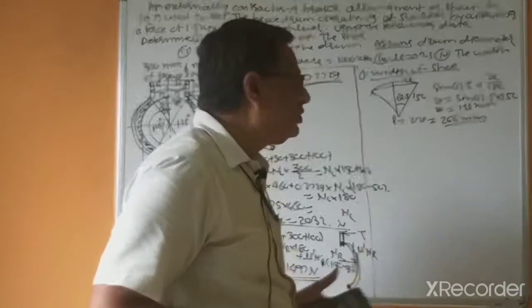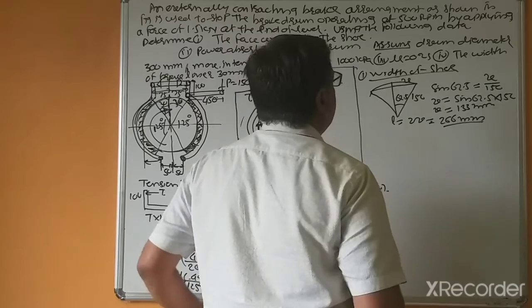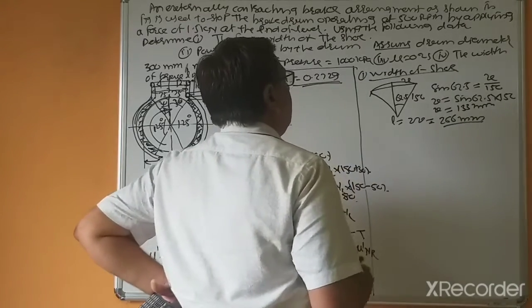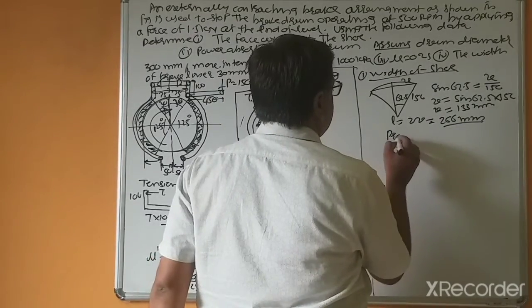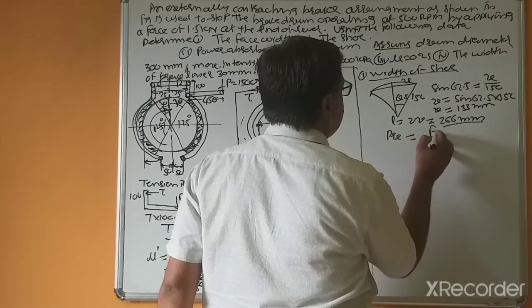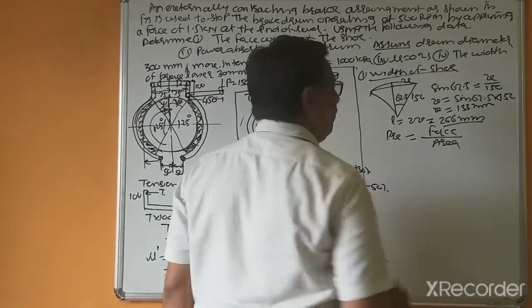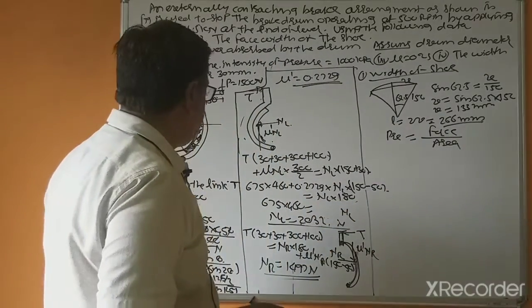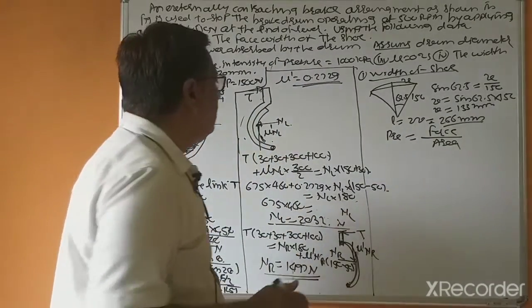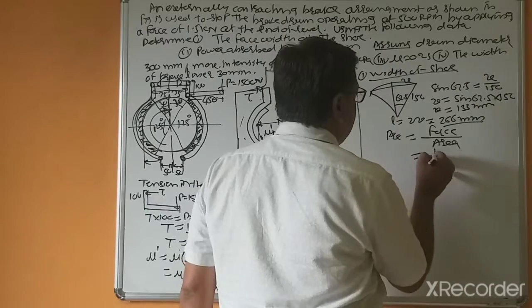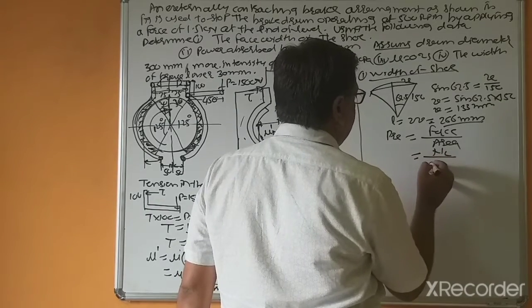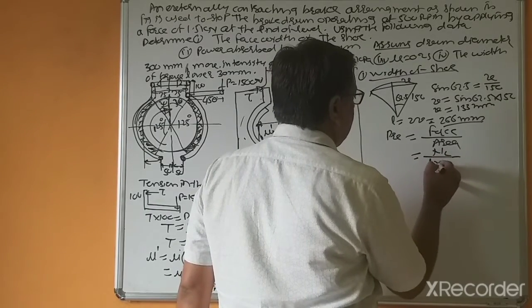So length equal to 266 mm. So pressure equals force divided by area. Now force, which is the maximum force, that is to be considered. So this NL is maximum. So that's why here consider NL divided by area equal to L into B.